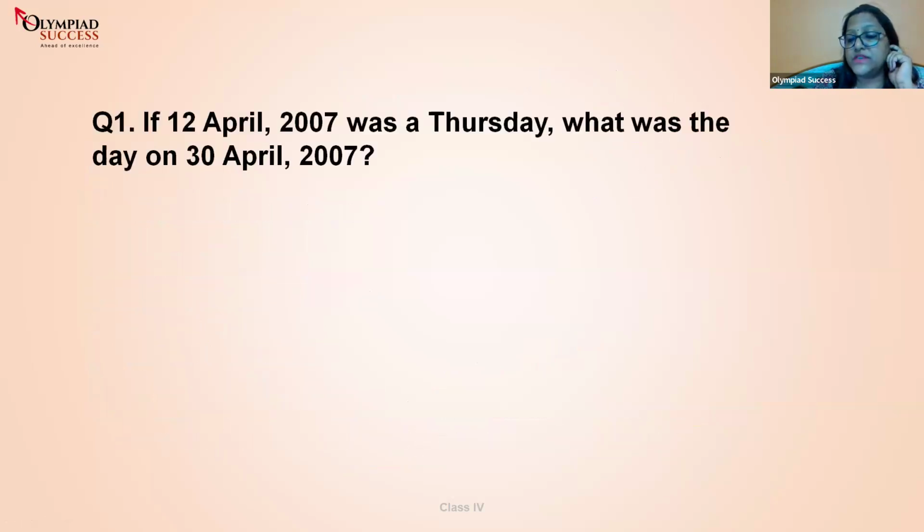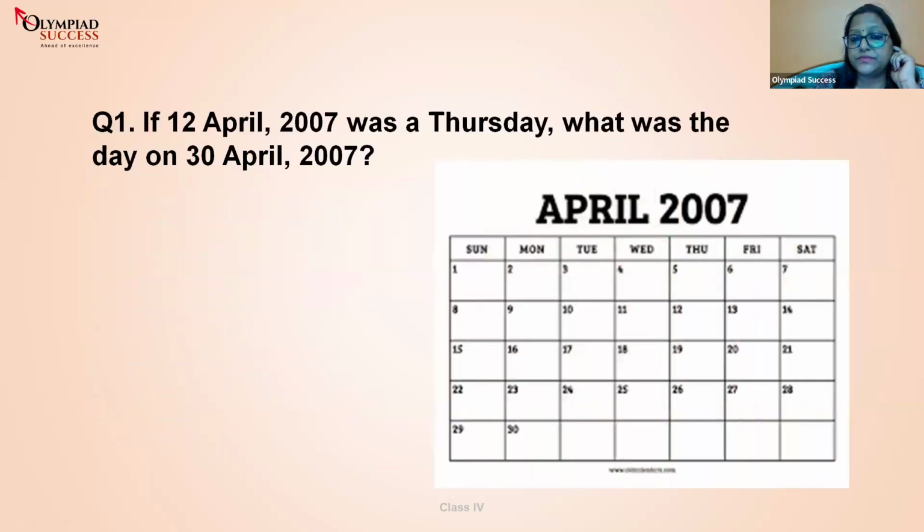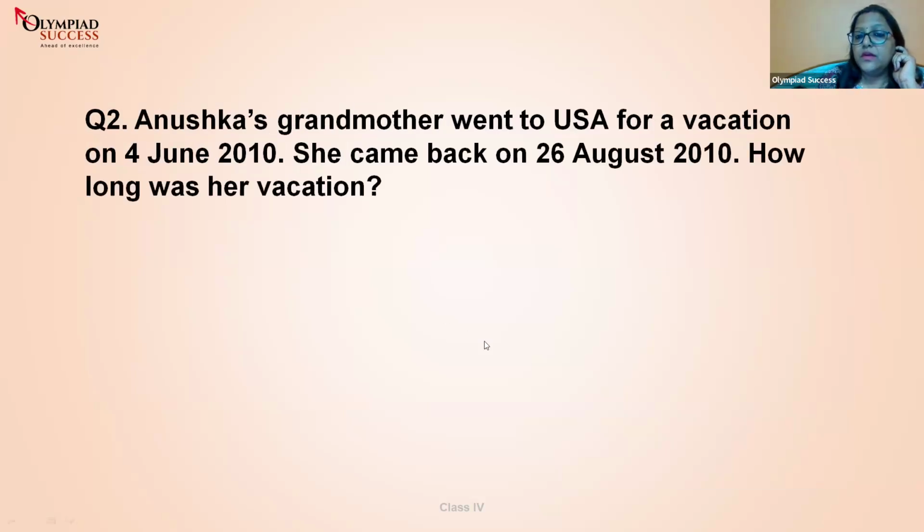Now let's solve some questions. Let's go with this question. Anushka's grandmother went to USA for a vacation on 4th June 2010. She came back on 26th August 2010. How long was her vacation?